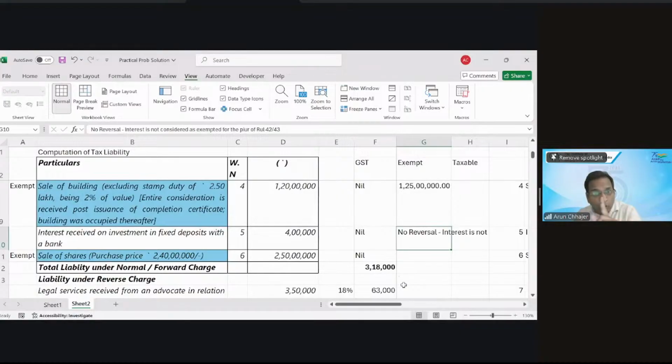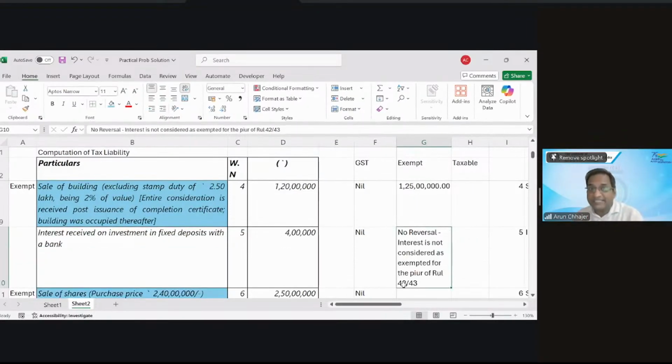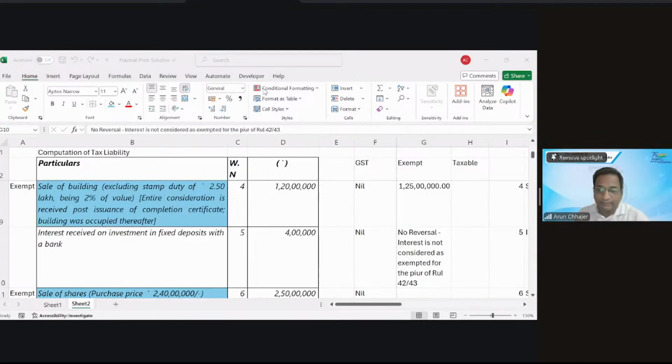There is no doubt that interest is exempted, but for the purpose of rule 40 to 43 it is not considered as exempted, except for a banking company. Correct?